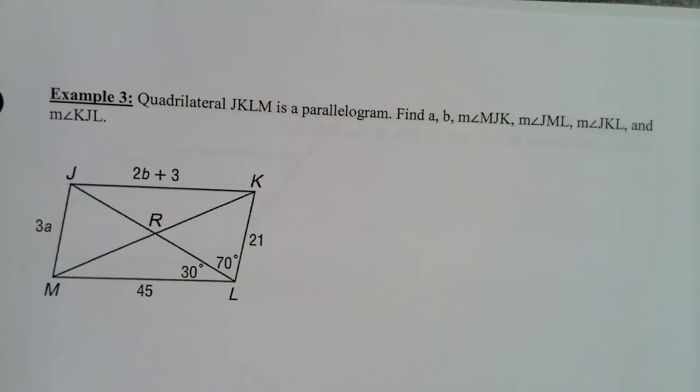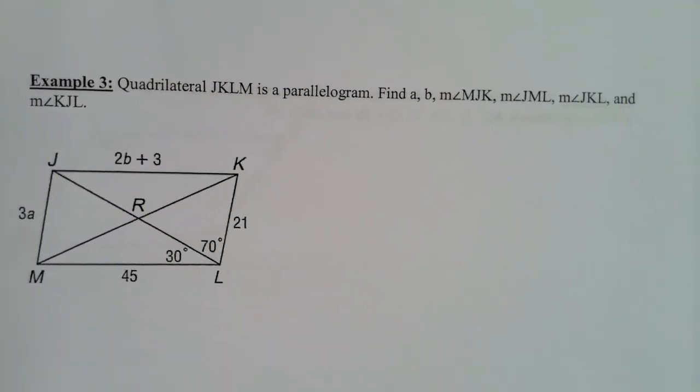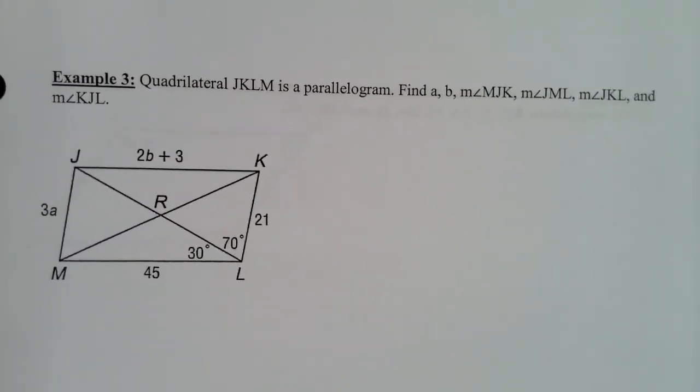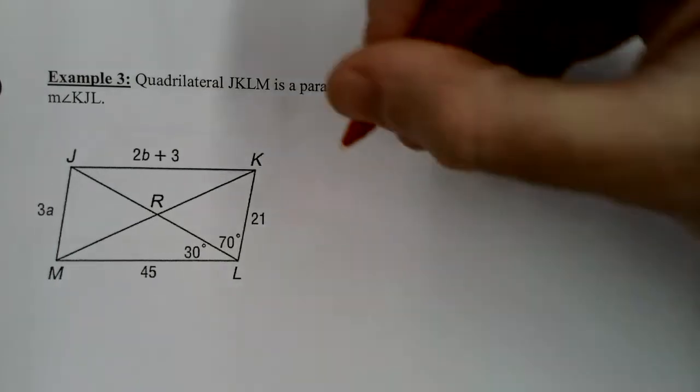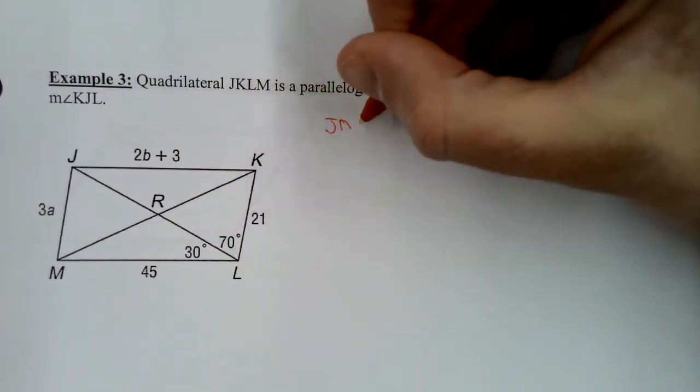Another problem like that. Quadrilateral JKLM is a parallelogram. Find A, B, the measure of angle MJK, the measure of angle JML, the measure of angle JKL, and the measure of angle KJL. Oh my goodness. Okay, here we go. Let's start with the measure of A. We know that JM is congruent to KL because the opposite sides in the parallelogram are congruent.